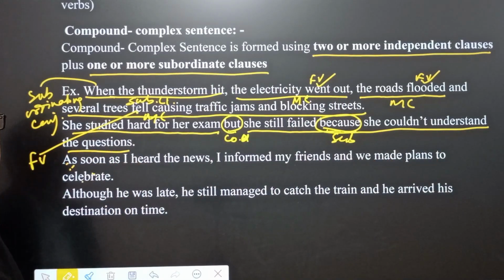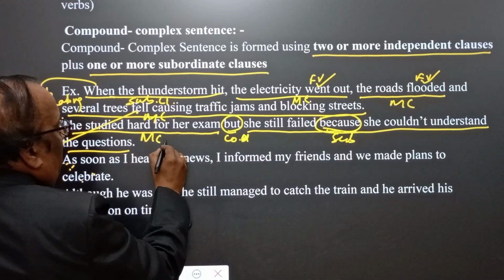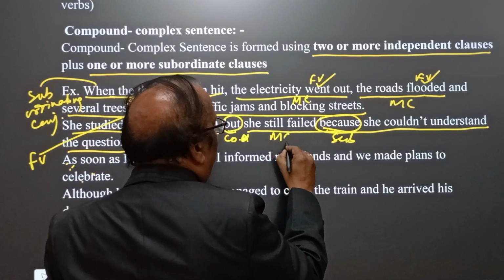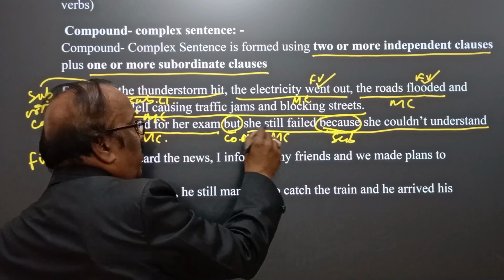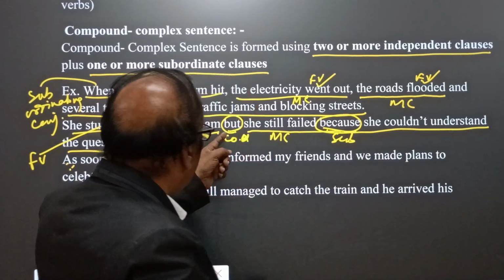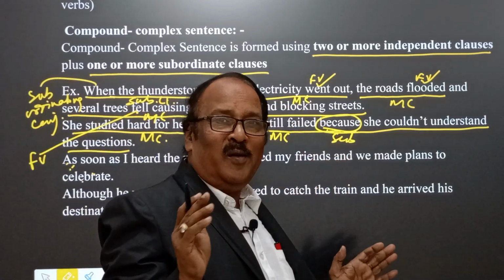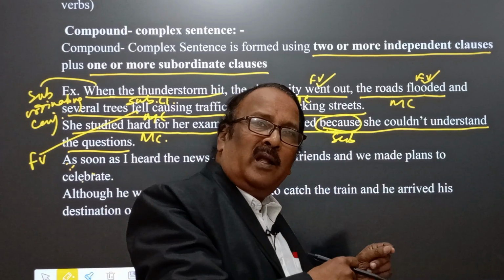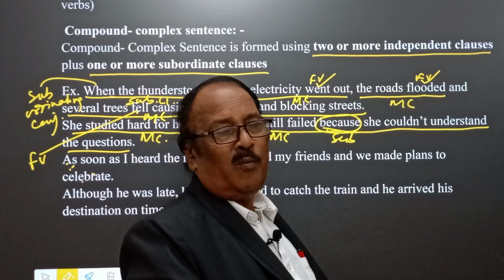Here we find she studied hard for her exam, main clause, but she still failed, main clause. Two independent clauses are connected with but. Now, after the compound sentence, another clause comes to join in order to express complete meaning.